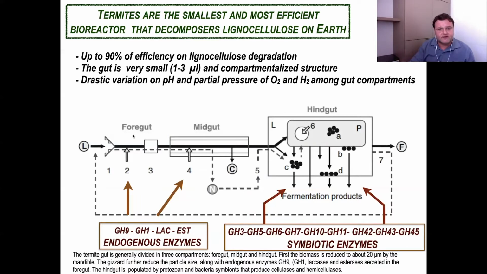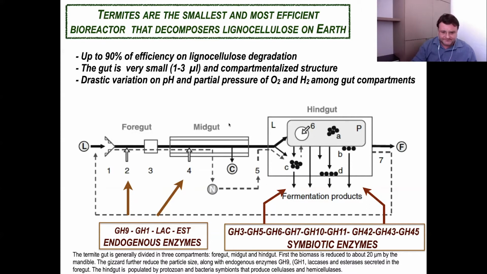The termite has a powerful mandible, which reduces the lignocellulose material to about 20 micrometers. After the action of the mandible, the material is directed to another structure called the gizzard, which further reduces this material.